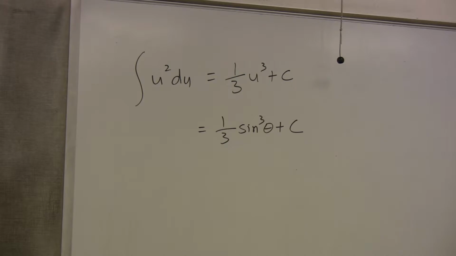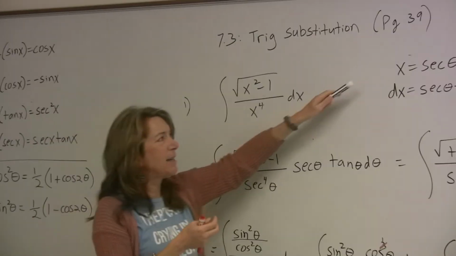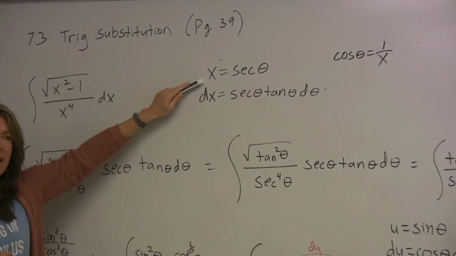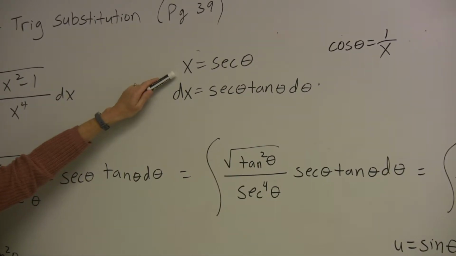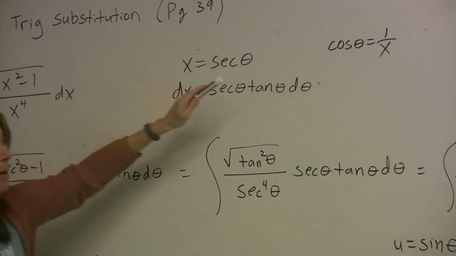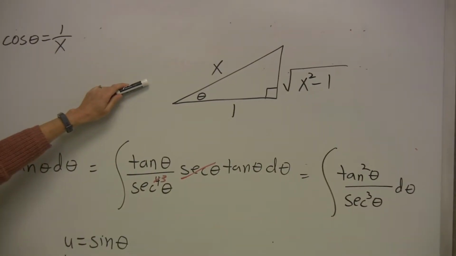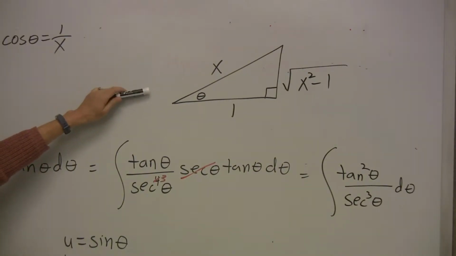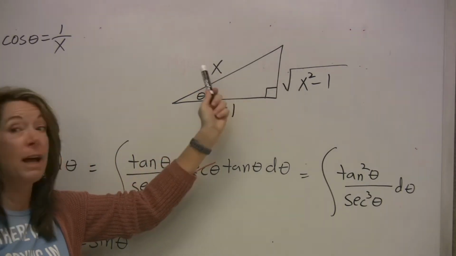Here's where the triangle comes in. So we went back and we now have thetas, but it's not really obvious how to get back into x's because this was our substitution right here. We said x equals secant theta. How do you change that into sines? So this is why we draw the triangle. This is a picture of x equals secant theta. I want to find the sine of this theta. The sine of this angle is the opposite over the hypotenuse, this square root over x.